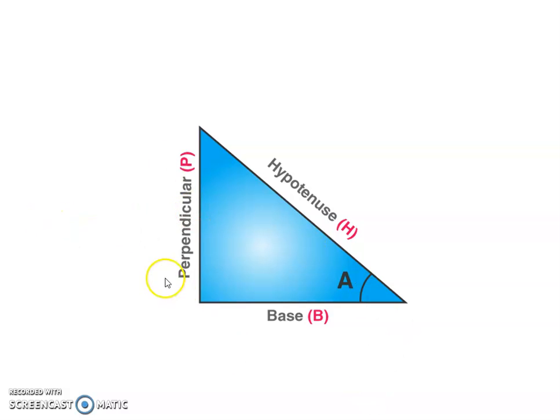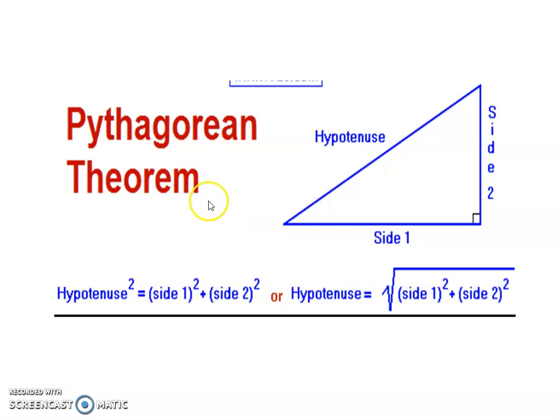Our right angle triangle looks like this. This is the base, this is the perpendicular line, and this is the hypotenuse. Hypotenuse is denoted by H, base is denoted by B, and perpendicular is denoted by P. It is a 90-degree angle. We have to consider any acute angle. So what is the Pythagorean theorem statement?